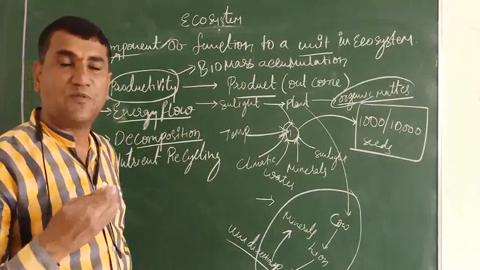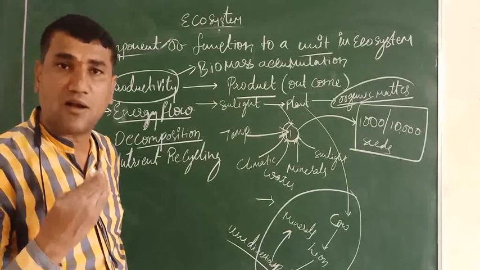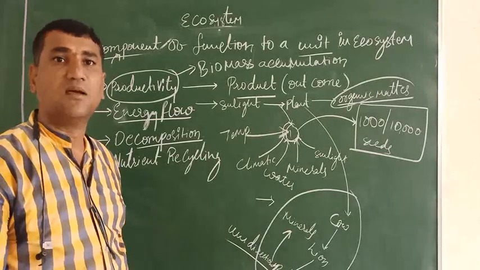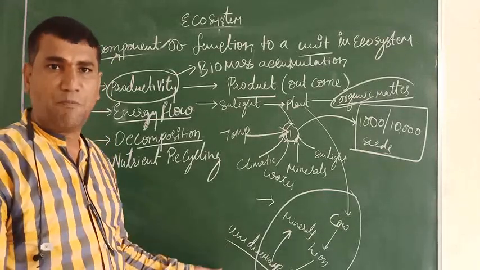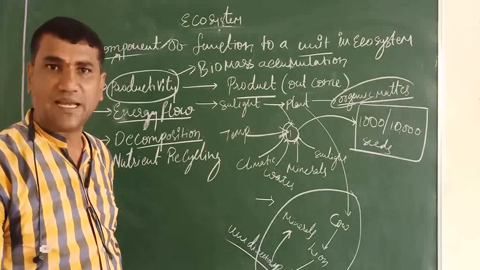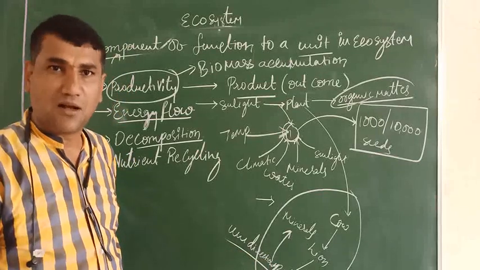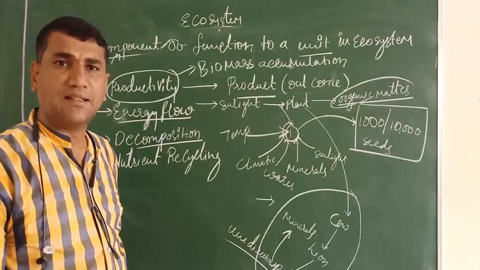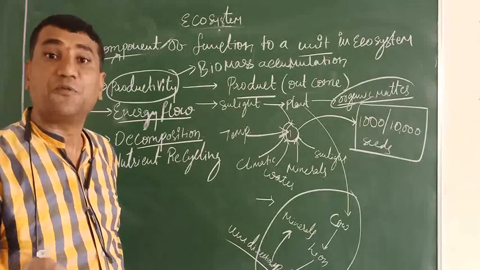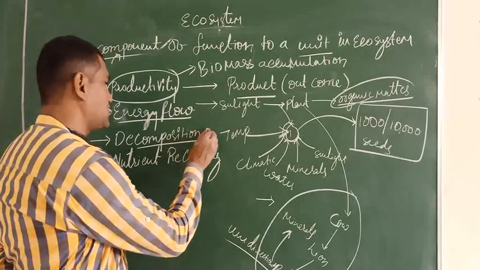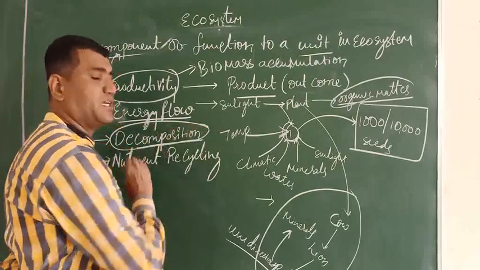Breaking down of the organic materials produced by the growth of plants, animals or higher carnivores, and degrading them after the death of the animal, is called decomposition.